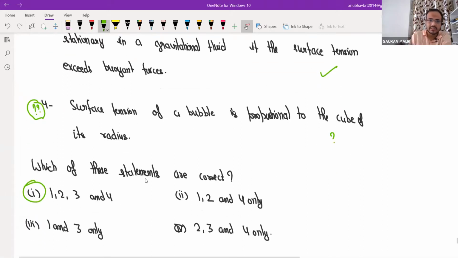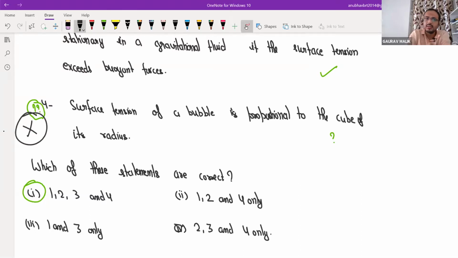Actually, this statement, just a minute. Surface tension of a bubble is proportional to the cube of its radius. If this statement is there, then the fourth option is absolutely wrong. Then the right answer should be 1, 2, and 3 only.